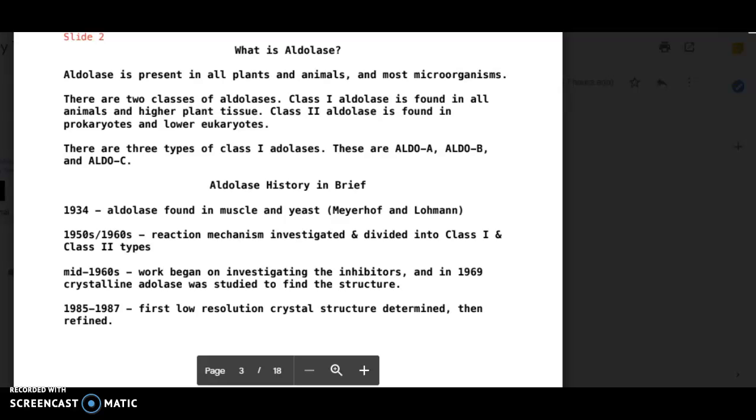Work investigating the inhibitors began in the mid-1960s and early 1970s, and in 1969, crystals of aldolase were studied in order to determine the tetrameric subunit structure. The first low-resolution crystal structure was determined in 1985 and was refined in 1987.